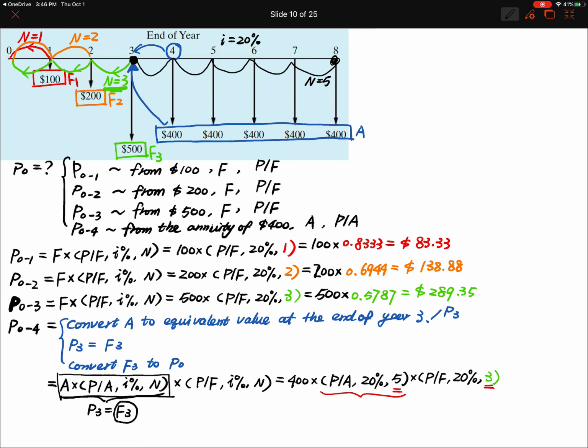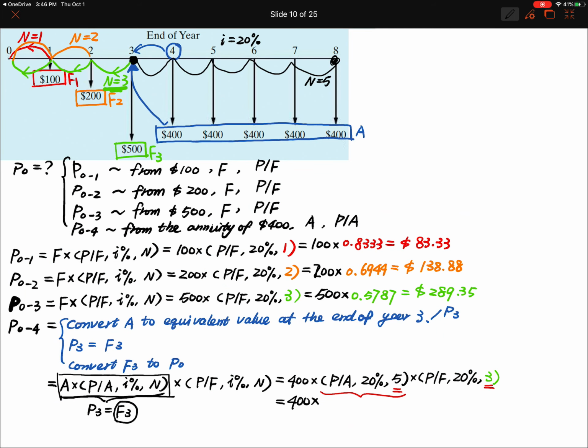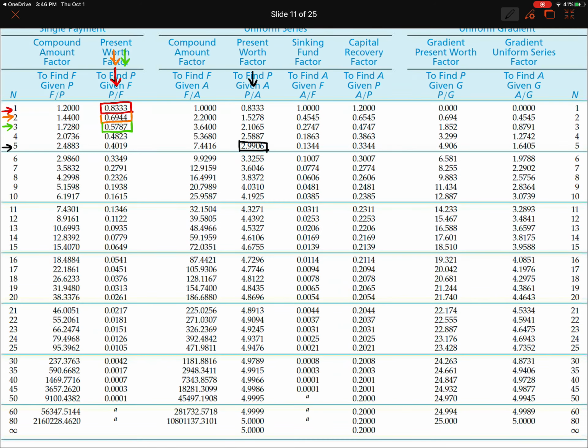So now let's go check these factors. Let's write it down here. First factor, P/A. Same table, P/A is this column. Number of periods is 5, so that's this value. So it's 2.9900 times another one.